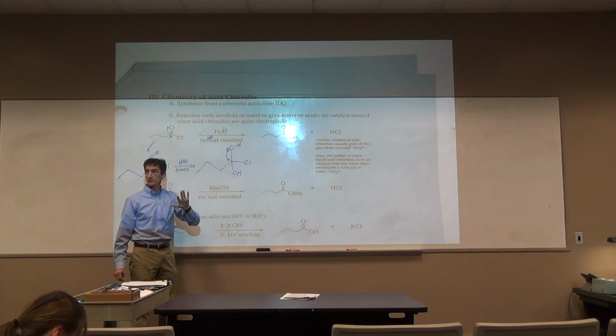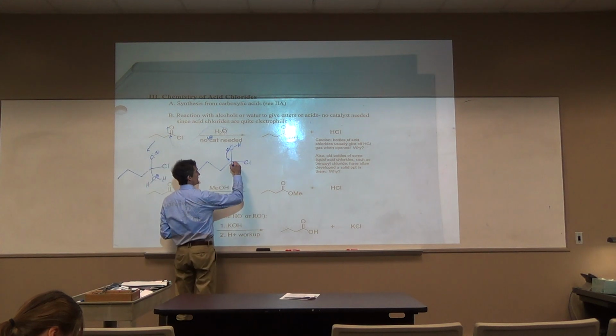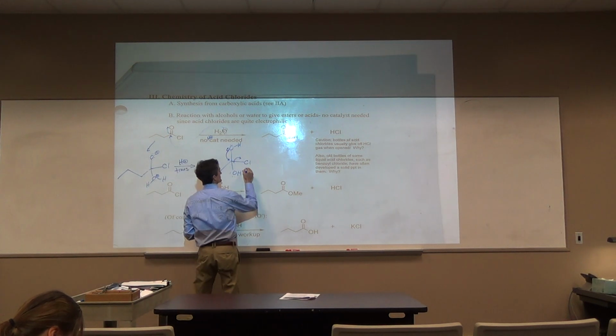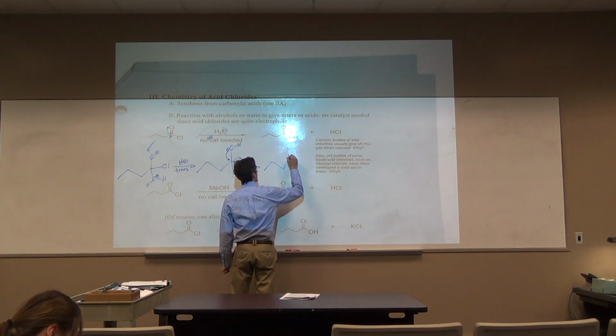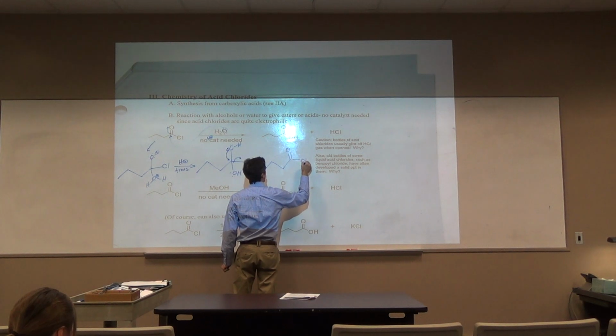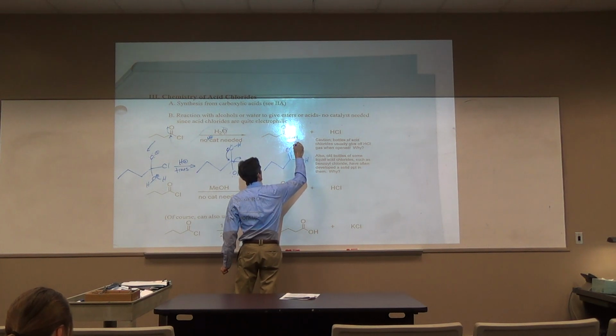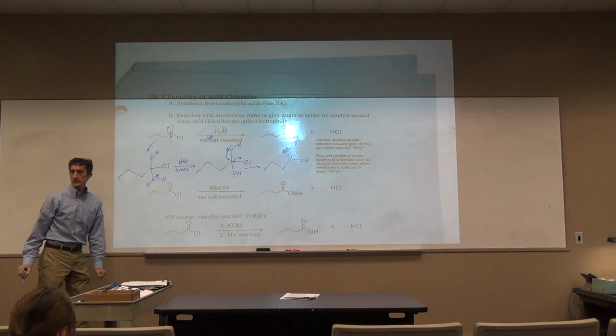But you're always going to kick off the better one. And the better one here is clearly the chlorine, and when we kick it off, what do we get? Oxygen, OH, there's an H here. Yeah, everybody agree?